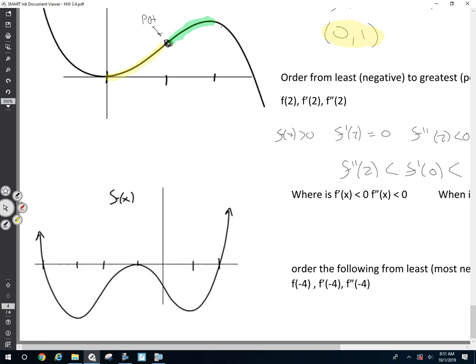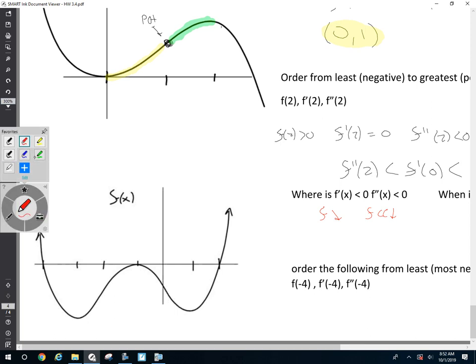Last question. Almost there. When is f prime negative? That means f is going down, decreasing. F double prime is negative. That means f is concave down. We probably can see f is going down and concave down, probably here. It's going down, concave up. Going up, concave down.